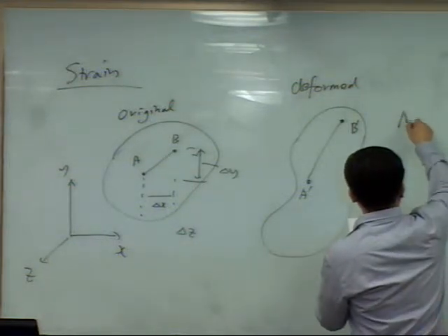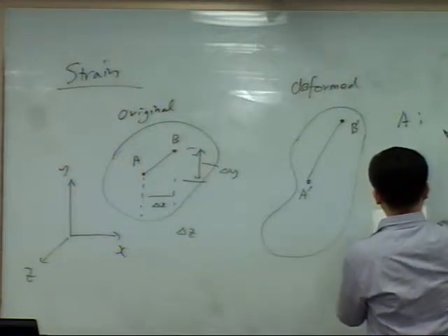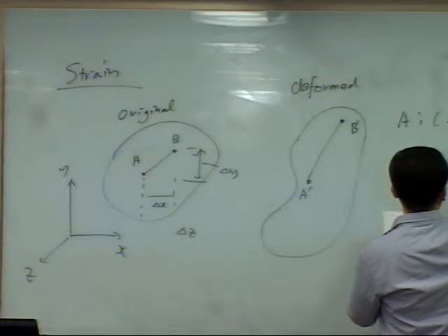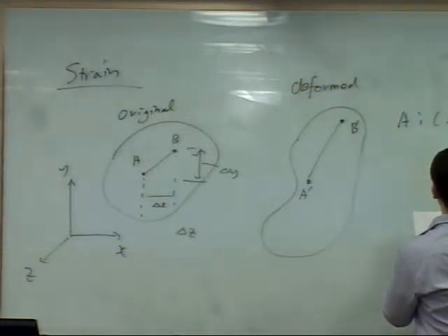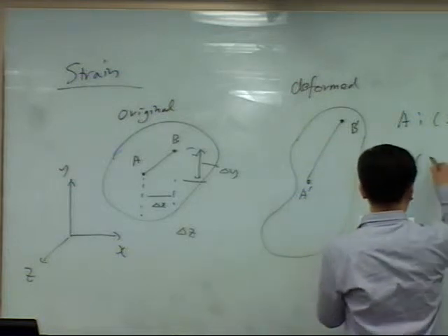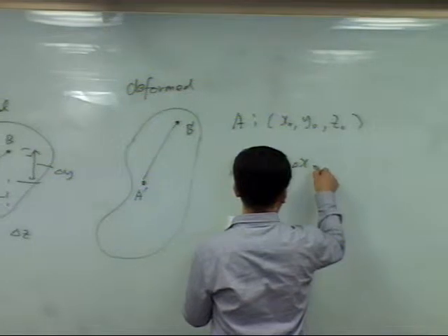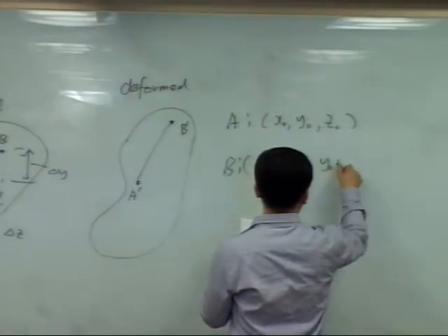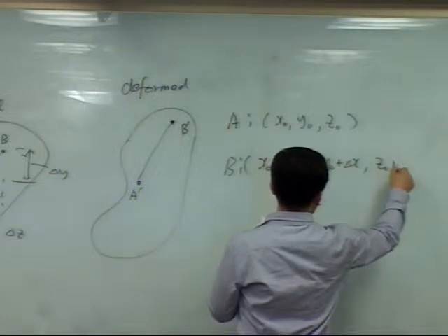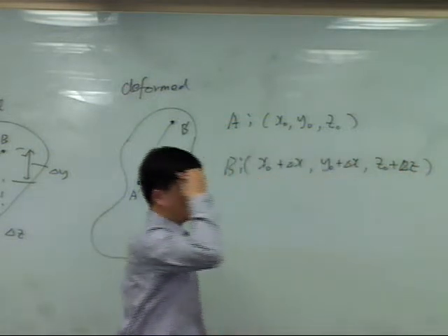Before the deformation, the position of A is x0, y0, z0. And the position of B is x0 plus delta x, y0 plus delta y, z0 plus delta z. We can think like that, right?